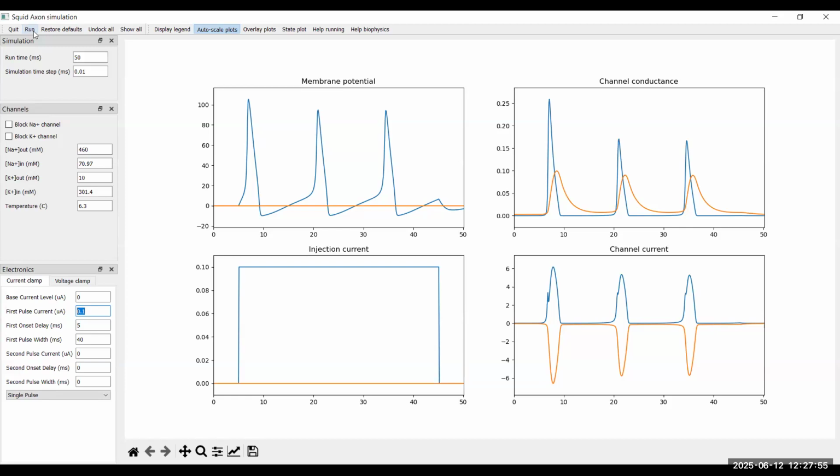And if you have more elaborate rise and fall of the current or conductance, then you can have a double exponential function. In that case, it will be slightly different. And these are very good approximations of the conductance you find experimentally.